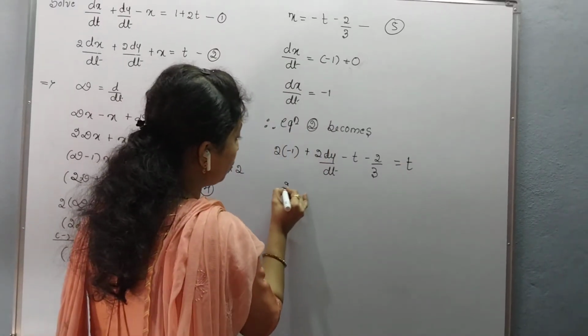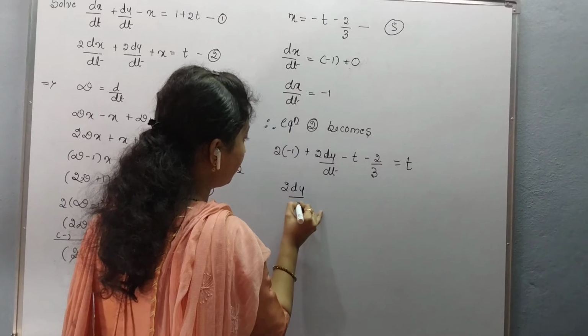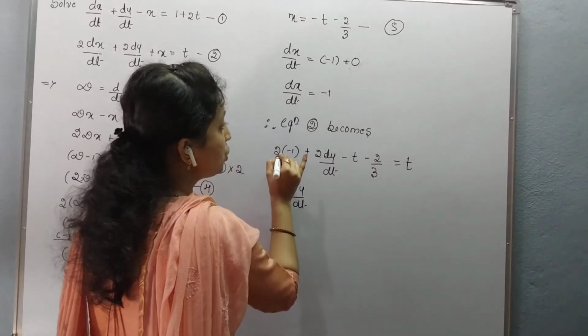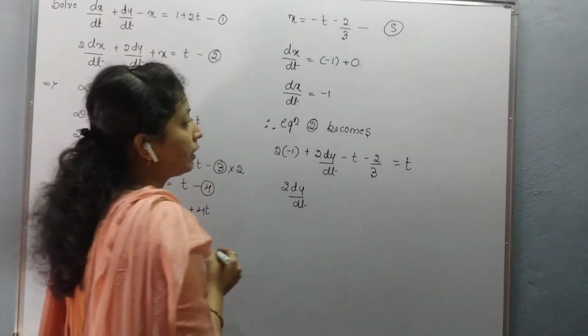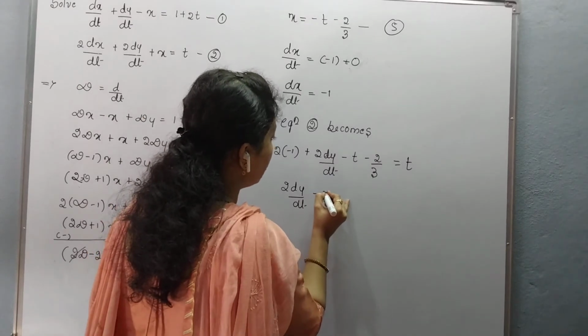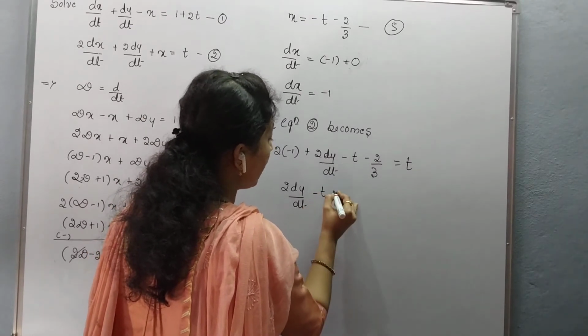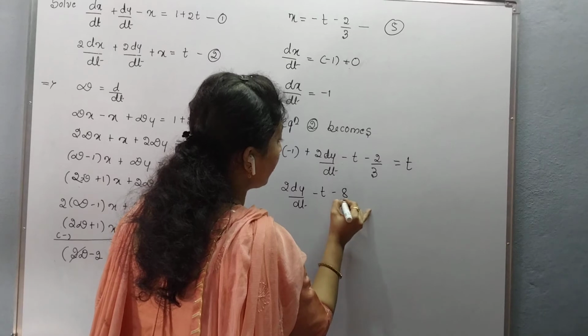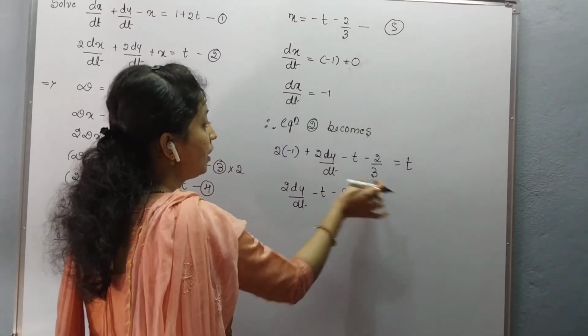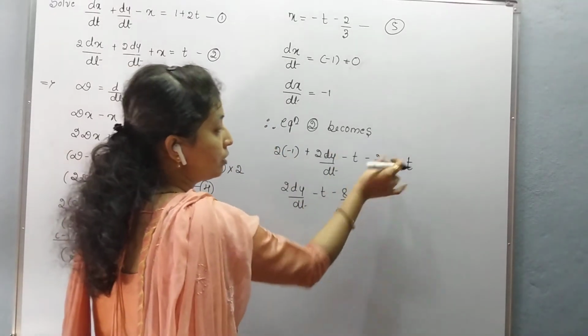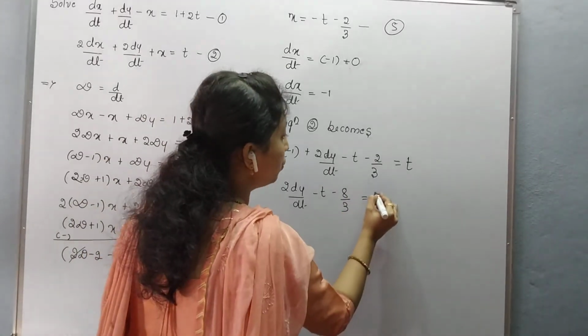Then 2 dy by dt, minus 2 and minus 2 by 3, that is nothing but minus t and minus 8 divided by 3, because here the LCM is 3, 3 into 2 minus 6 minus 2, that is minus 8 by 3, is equal to t.